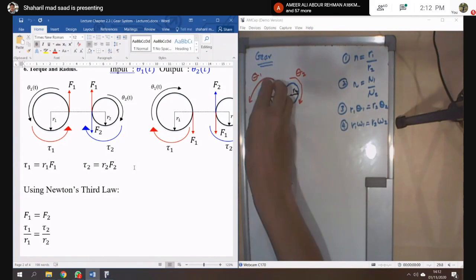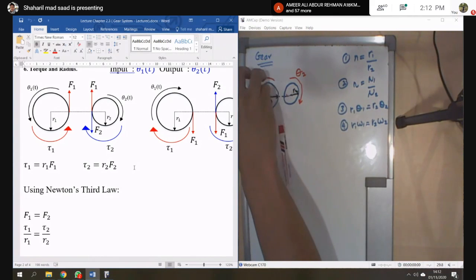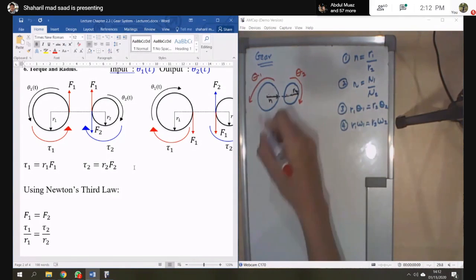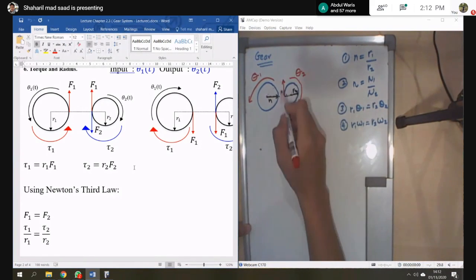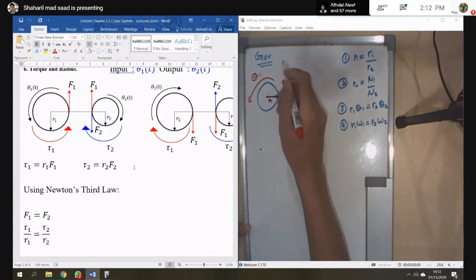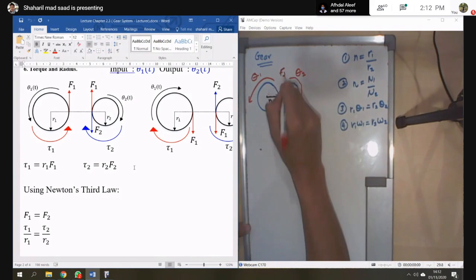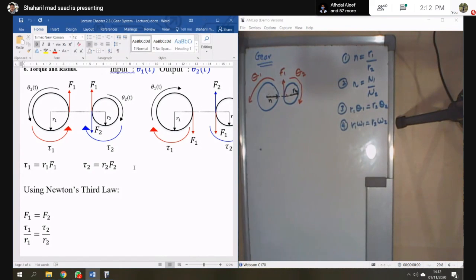Gear 1 we rotate as anti-clockwise. Okay, anti-clockwise. So what happened is at R1 we apply some force to the second gear here. So you will have some force which is F1. Okay, you can look at the notes that I gave you. F1 here.